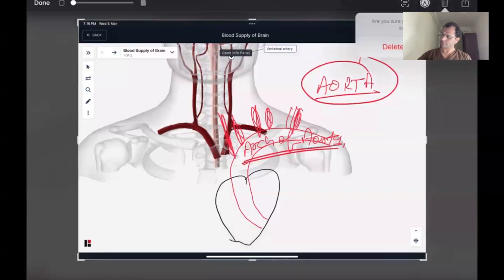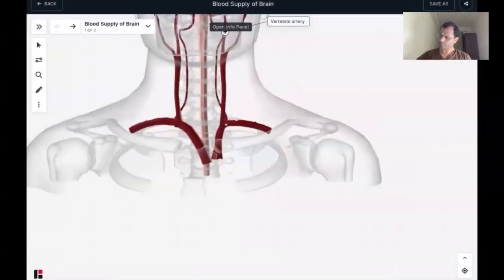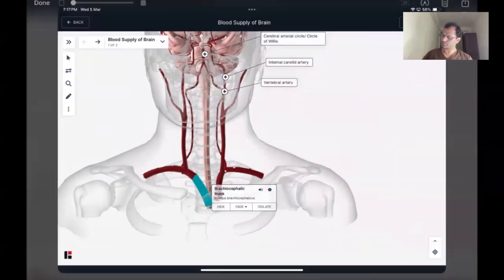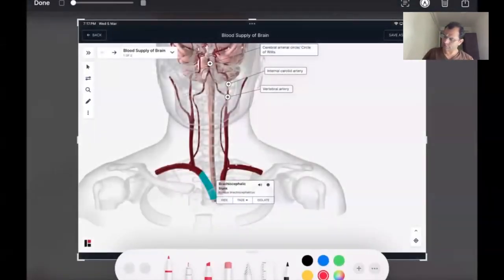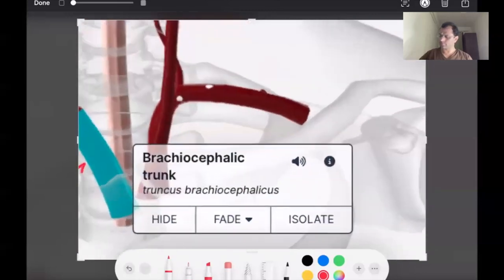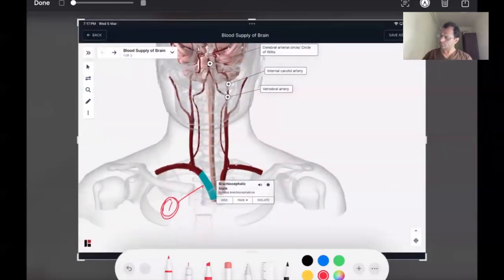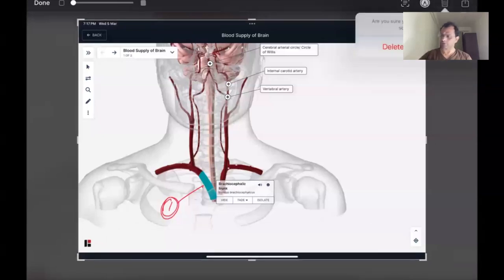So now let's see here. The one branch is this, which is going on the right side: the brachiocephalic trunk. This is branch number 1. Going on the right side.